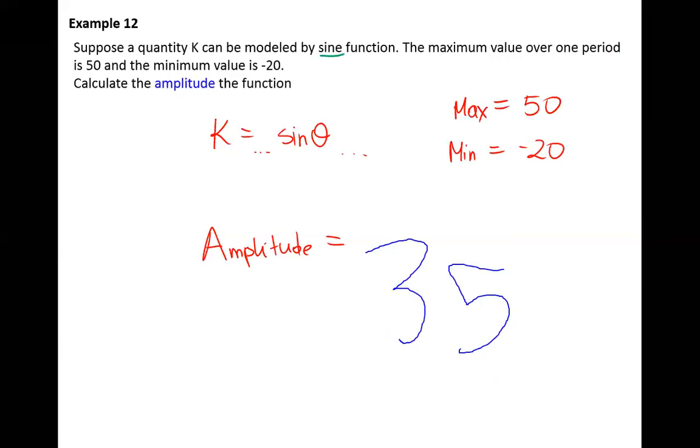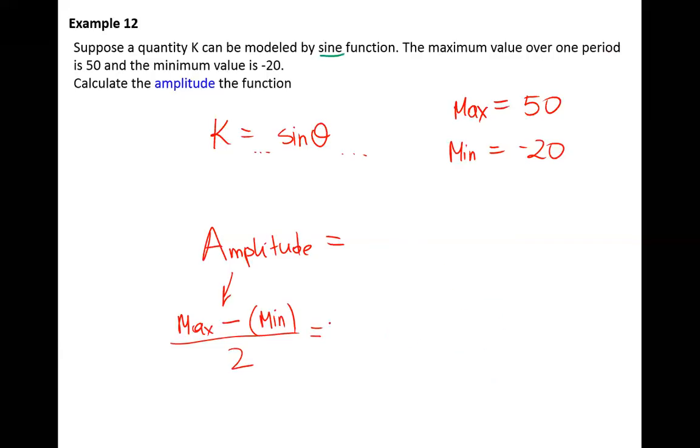Andre, I hope you can find your mistake. Do you remember the amplitude? Maximum value minus minimum value, divided by 2. 50 minus -20, over 2. Oh no, who wrote the big 35? I like this. You can write it again. I hope I didn't erase this.